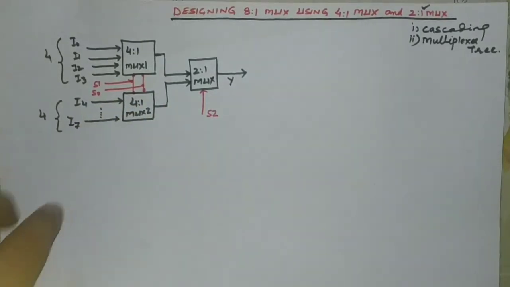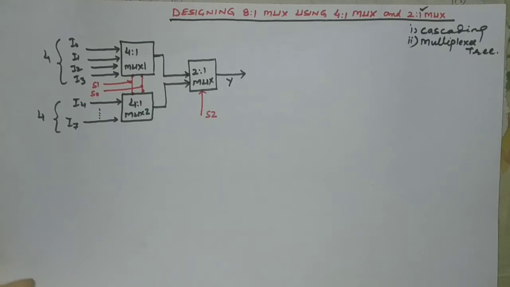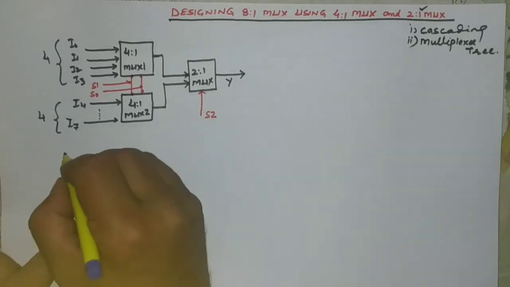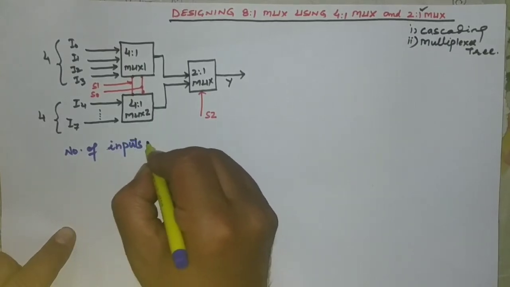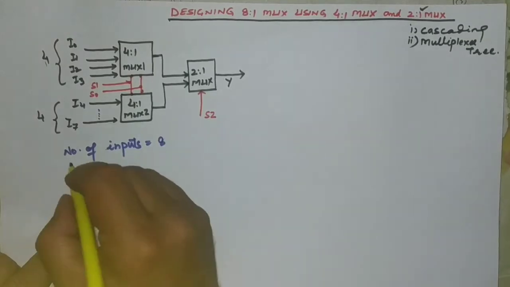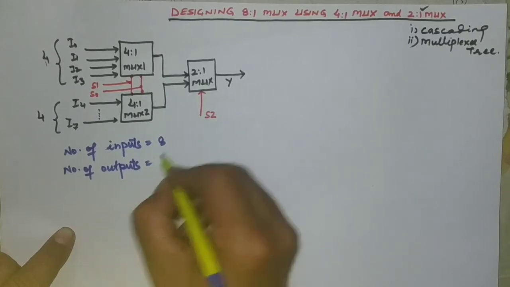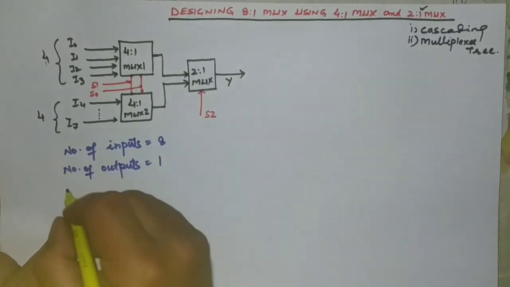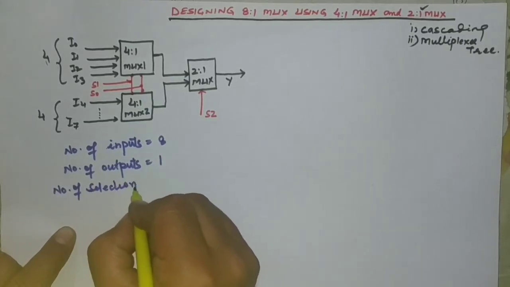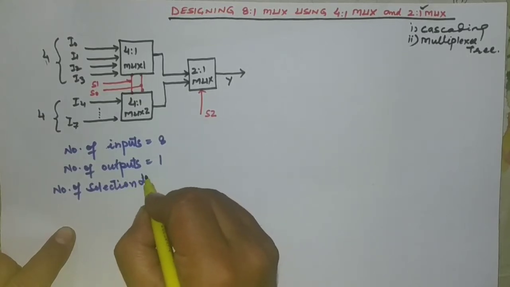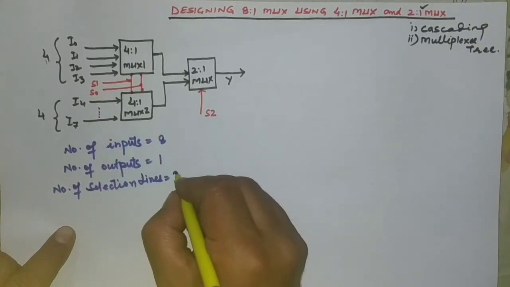So internally it is now becoming a case of 8 to 1 multiplexer, because now we have a number of inputs 4 plus 4, 8, number of outputs 1, this one, and obviously number of selection lines S2, S1 and S0, so obviously 3.